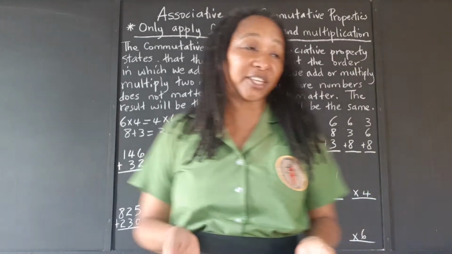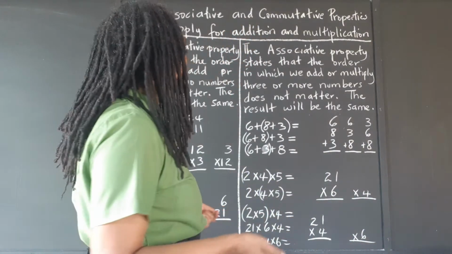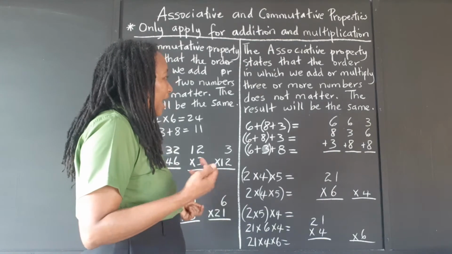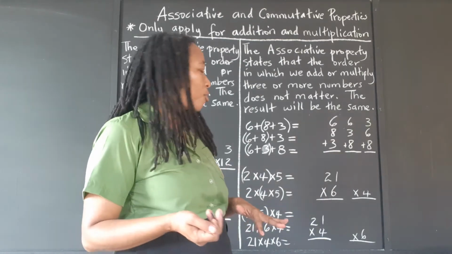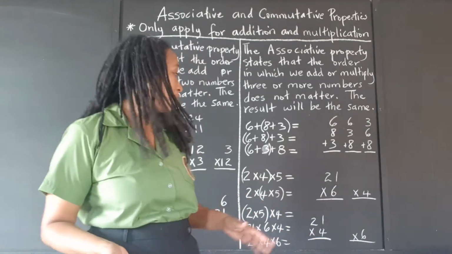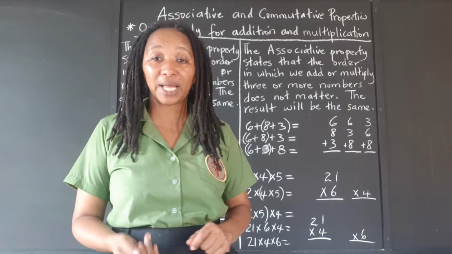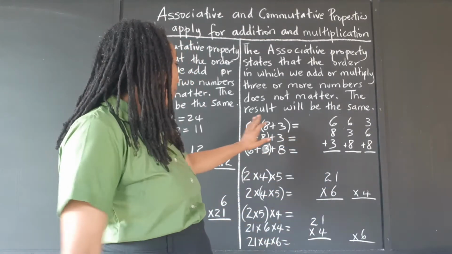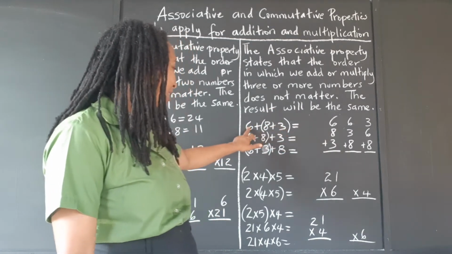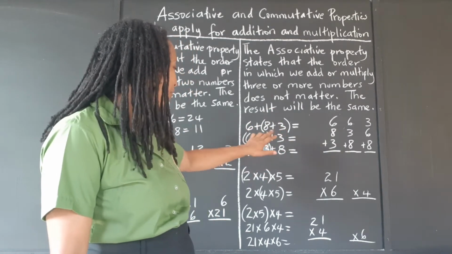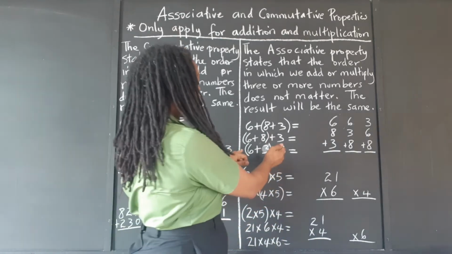The associative property says the order in which we add or multiply 3 or more numbers does not matter. So if we have 3 numbers that we're adding or multiplying, it doesn't matter whether we add these two first and then that one, or these two first and then that one, or these two.